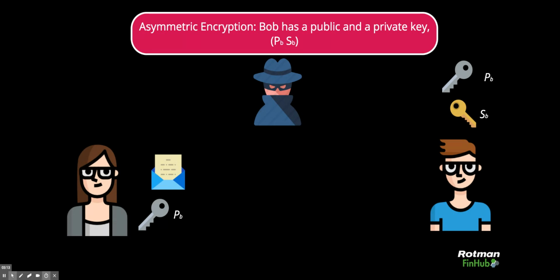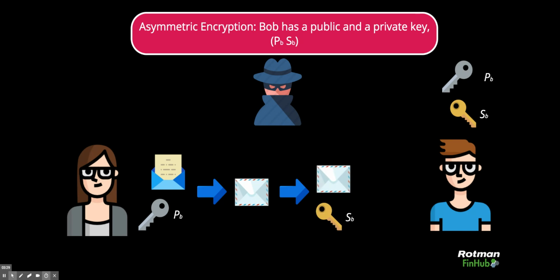Now, Charles will not be able to read this message, because even if he has the public key, he will not be able to infer just from having the public key and the encrypted message, that is the cipher, what the original message was. But Bob can use his private key and then decrypt the message and then be able to read it. So this is the basic principle of how encryption works.